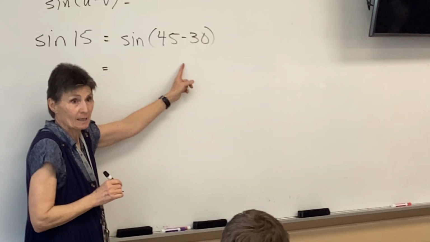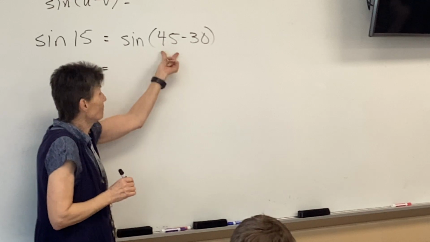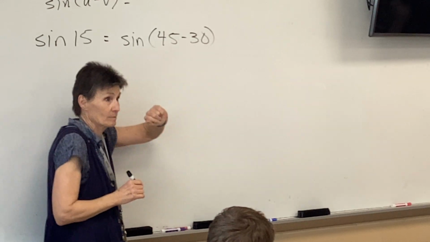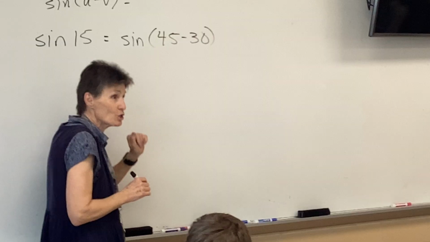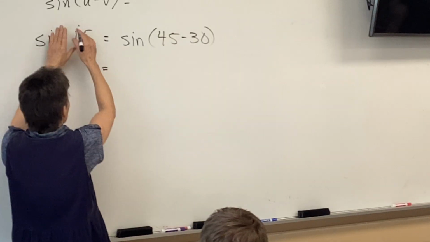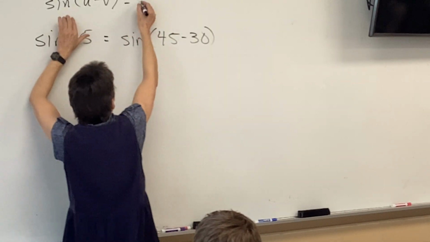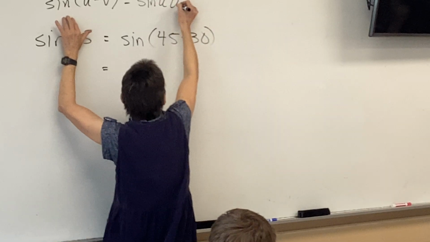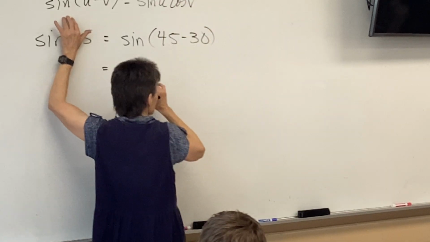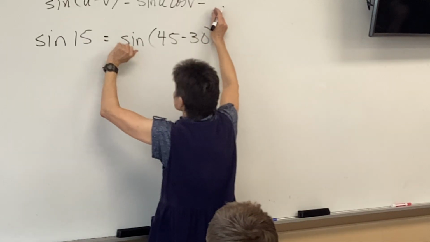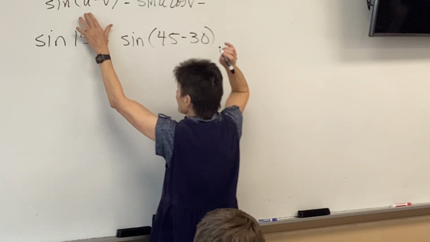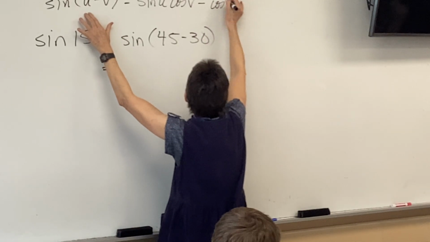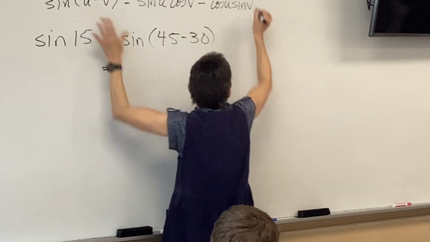I'm finding the sine of an angle minus an angle. And according to the sheet, to find the sine of an angle minus an angle, you take the sine of the first one times the cosine of the second one, minus the cosine of the first times the sine of the second.